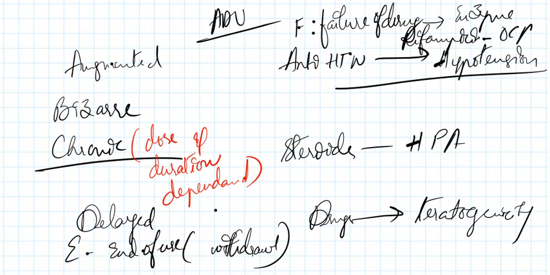Rifampicin causes OCP failure because rifampicin is an enzyme inducer. This enzyme metabolizes the drug. So if the enzyme is induced very much, then the enzyme activity increases and it metabolizes the drug fast, leading to failure of the drug. So enzyme inducers cause drug failure.